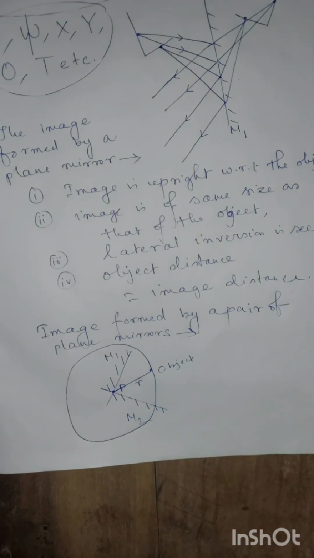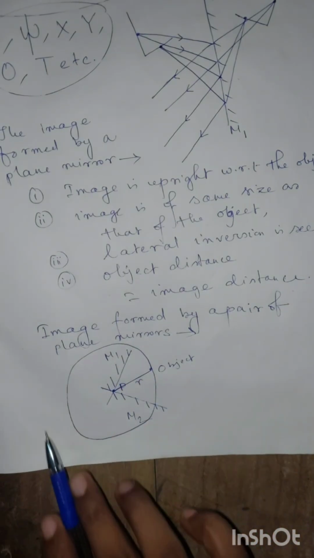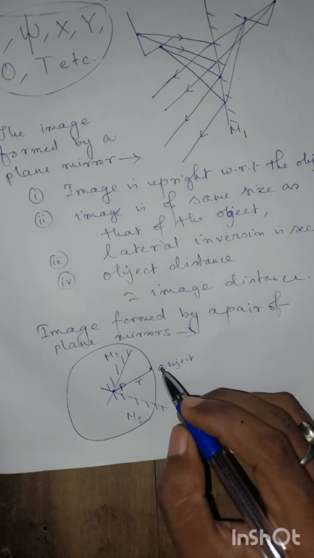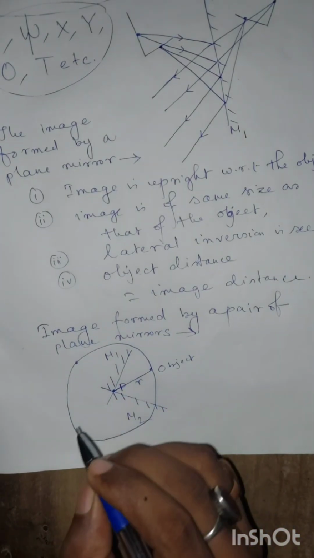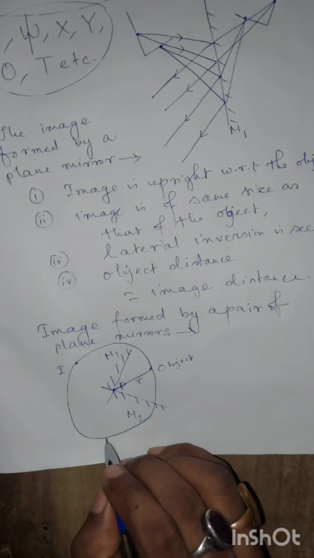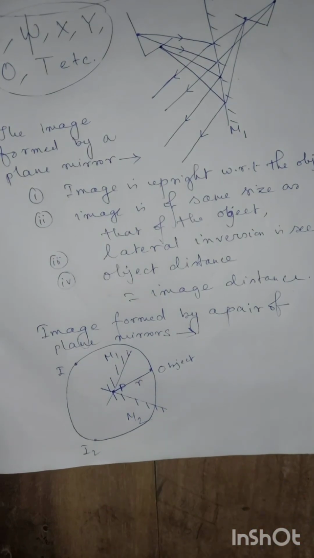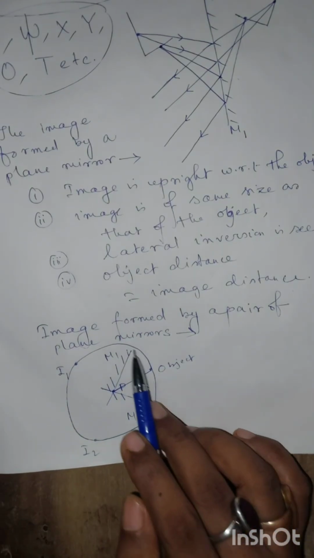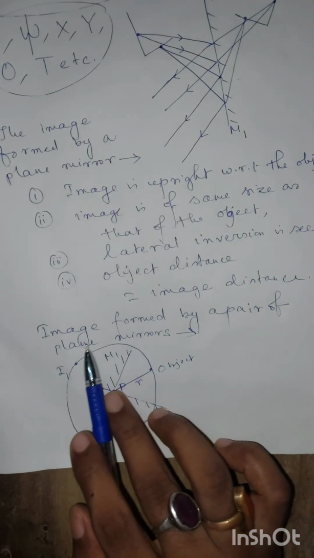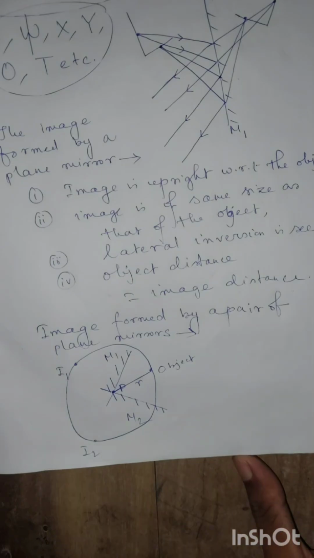The object and the images, for example this is our image I1, this is another image I2, will lie on the circumference of this circle. This is a very important point to be noted. Remember it.